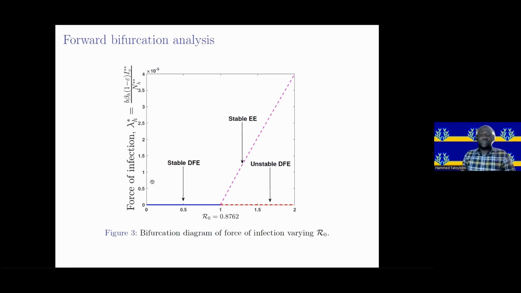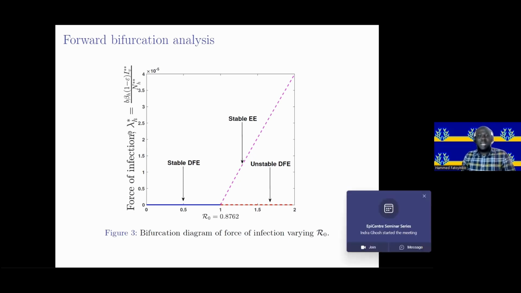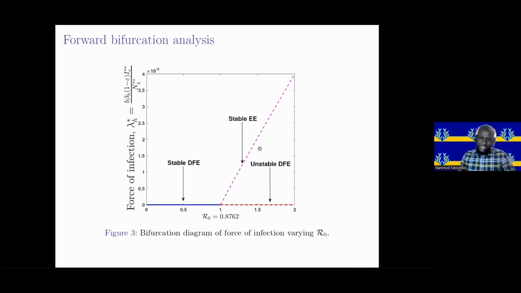In this case, we consider varying our R0, which is the basic reproduction number, against the force of infection of humans, which is lambda H. In this plot, the blue line corresponds to the stable disease-free equilibrium, the red dashed line corresponds to the unstable disease-free equilibrium, while the dashed magenta corresponds to the stable endemic equilibrium.